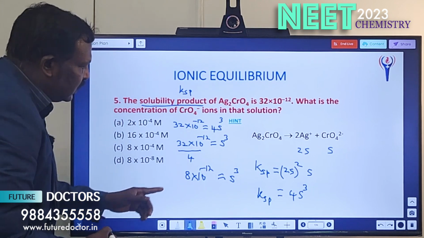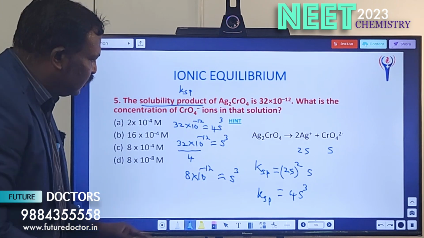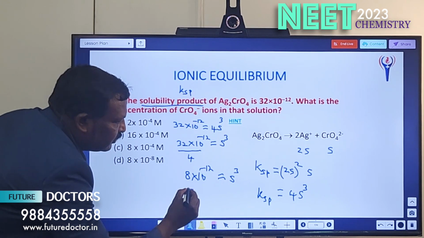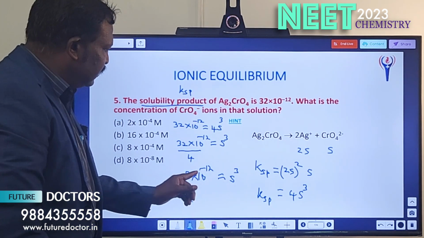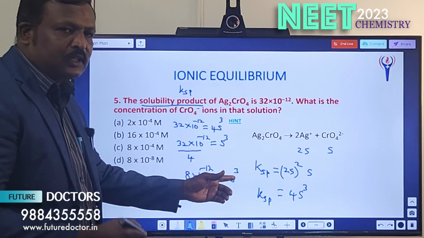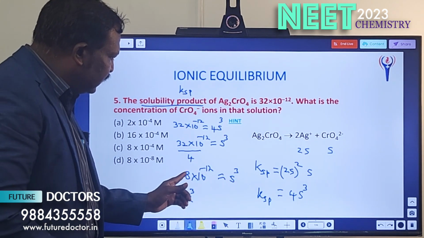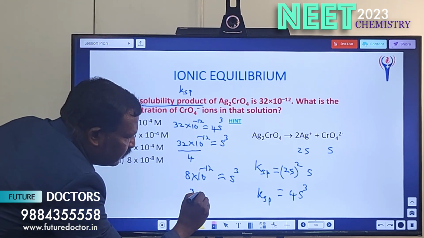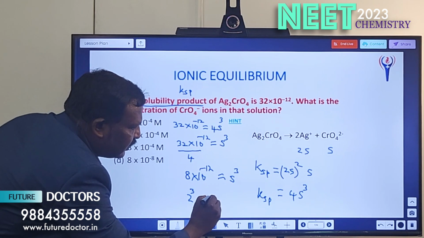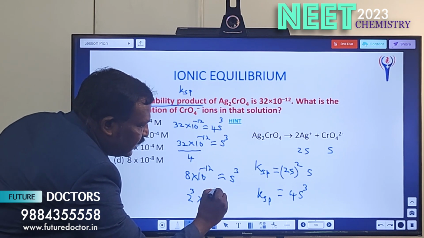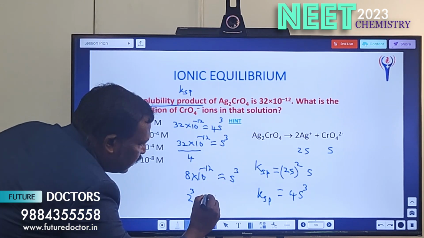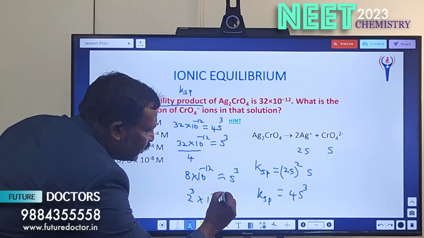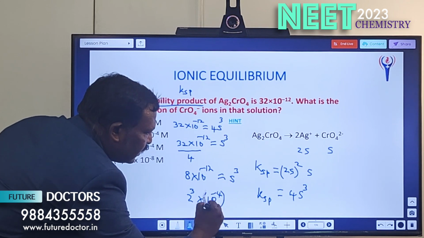Here 8 is 2 power 3, and 10 power minus 12 you make into 10 power minus 4 whole power 3, because it's a cube root and you should write this number as a cube.